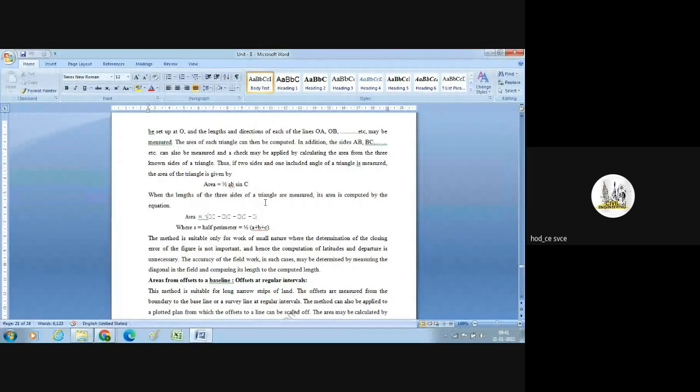So this is the formula we use with two sides and one angle. That is not a right angle triangle, that's why we are using this formula. And if you know the three sides, we can use this formula: s into s minus a into s minus b into s minus c.